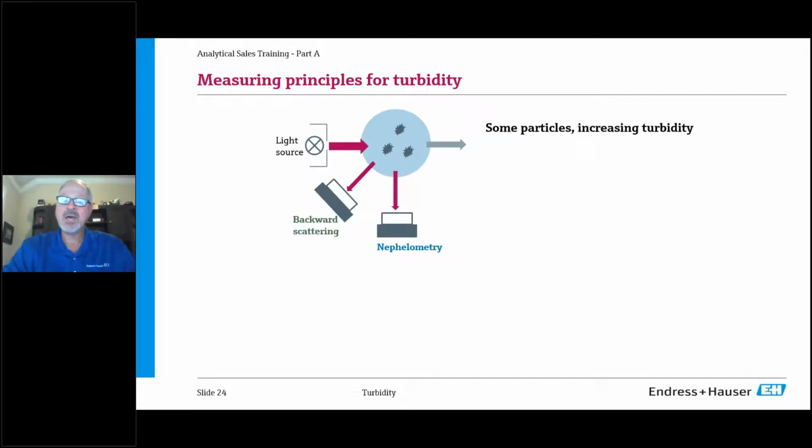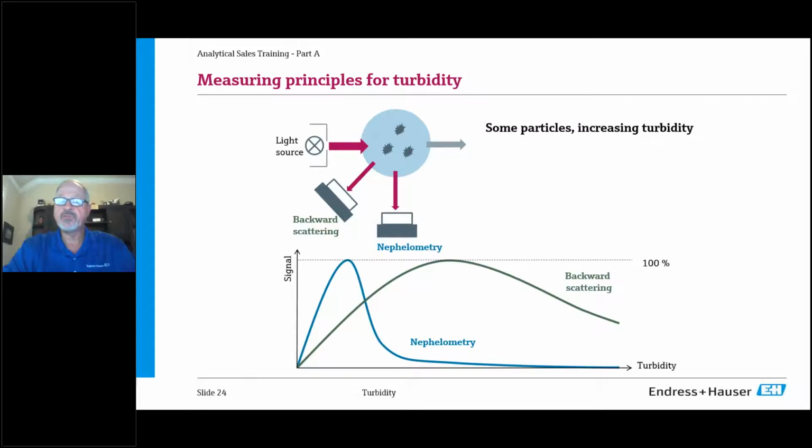So what we're doing now is we're measuring both the nephelometric at 90 degrees and then the backscattering at 135 degrees. What that allows us to do is compensate for where the turbidity gets out and comes over the top of that peak.